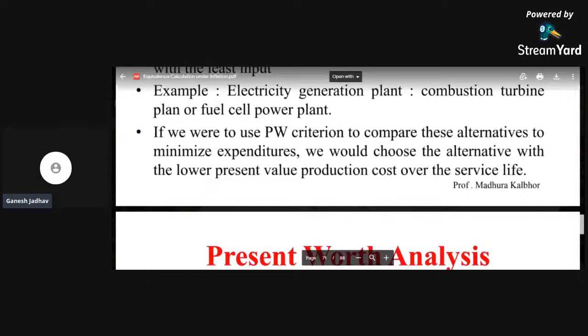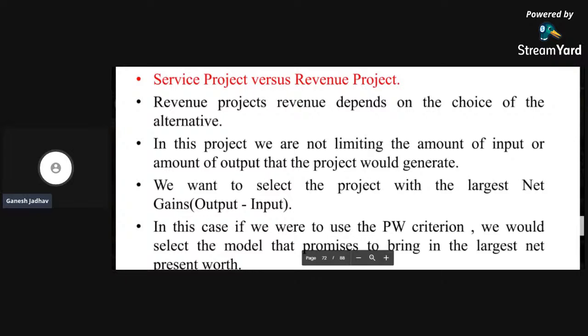Then another one is that revenue projects depend on the choice of the alternatives. So revenue projects are the choice of the alternative. In this project we are not limiting the amount of input or the amount of output that will be generated, because there is an online system. So you can put in an unlimited amount of input or get an unlimited amount of output also.